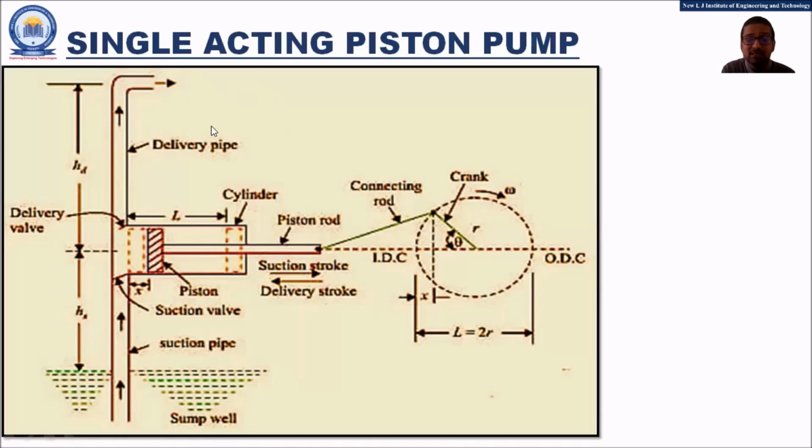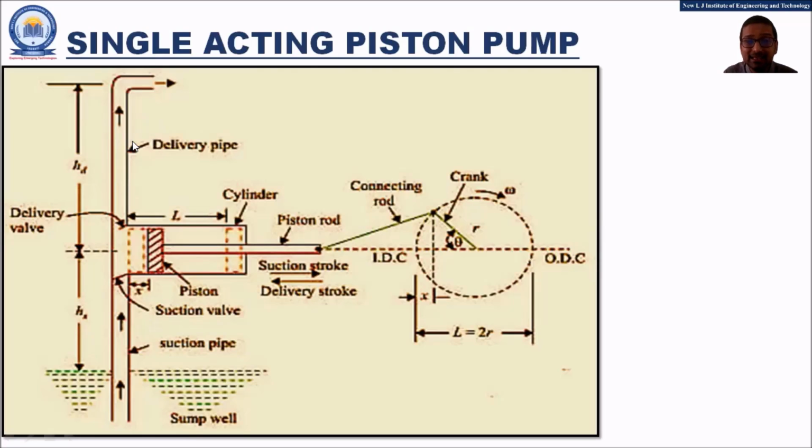As the water has transferred to the delivery tank, now the pressure in the cylinder is reduced compared to the pressure of the delivery side. So automatically the delivery valve will be closed.